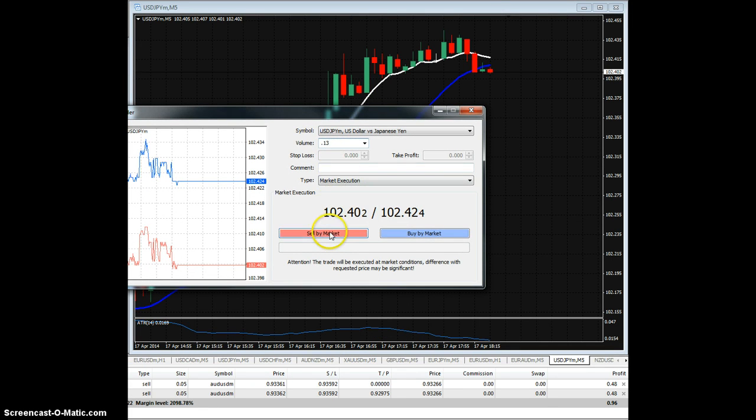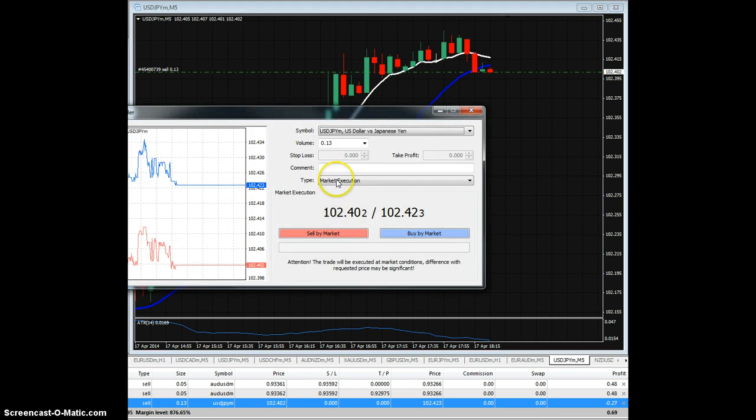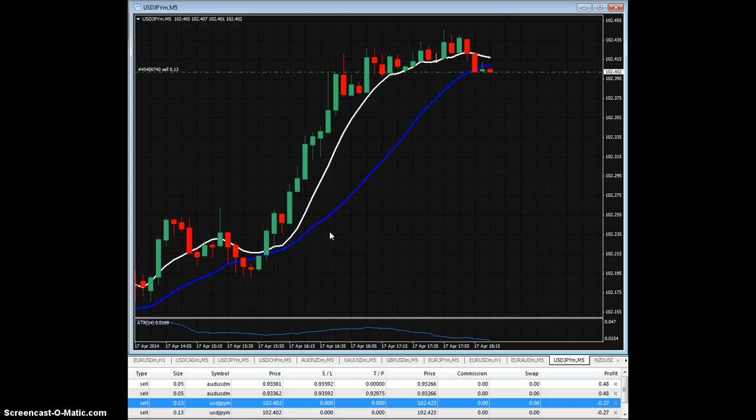I'm going to put in 13 and just short there, and then I'm going to put in another one and short it again. Now you can see down here my two orders, 13 shares, 13 shares. It shows the price that I got in at. That's the price I shorted it at.